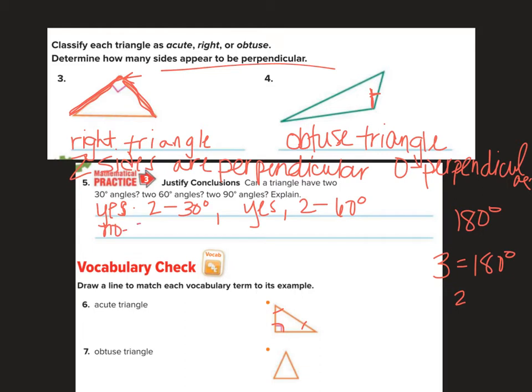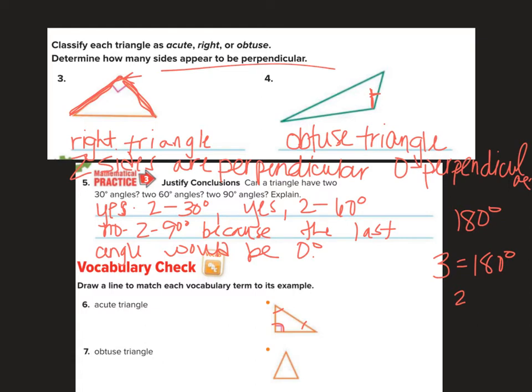No, we cannot have 2 90-degree angles because the last angle would have to be 0 degrees, which is just like a flat line, which would be no angle at all, so that means we can't have it.